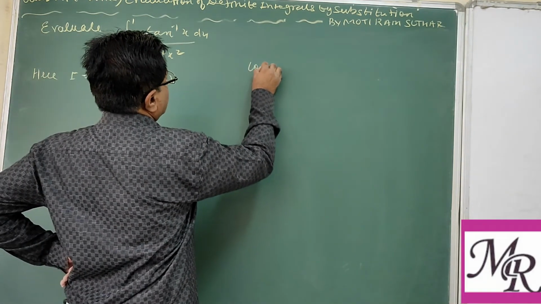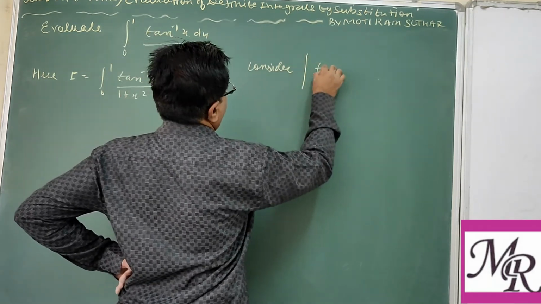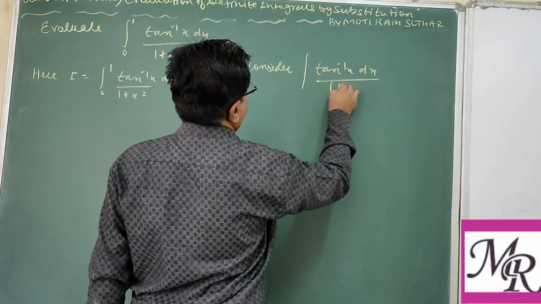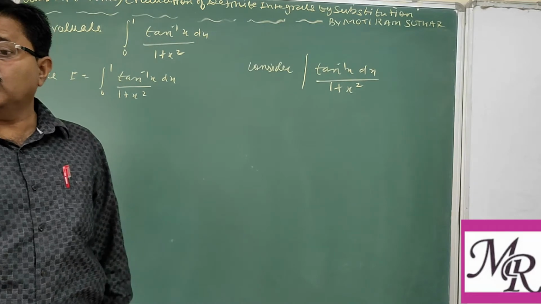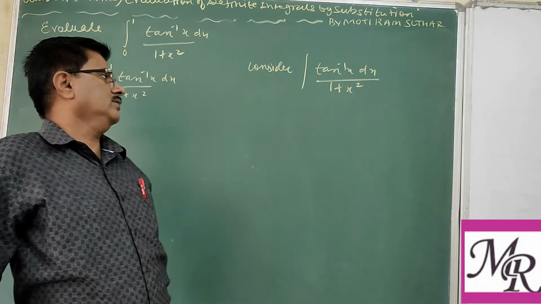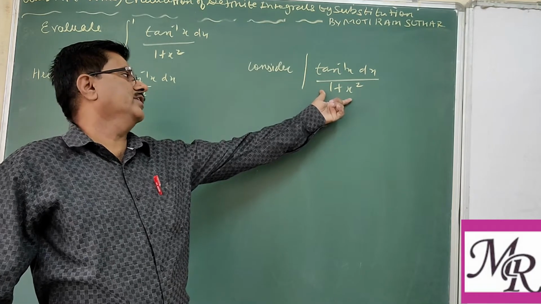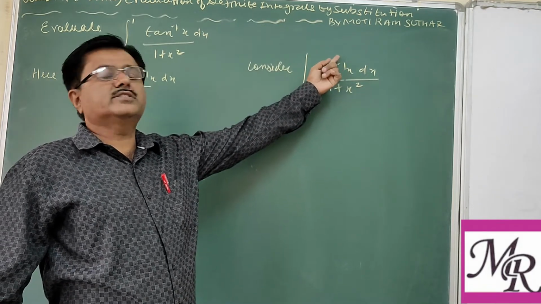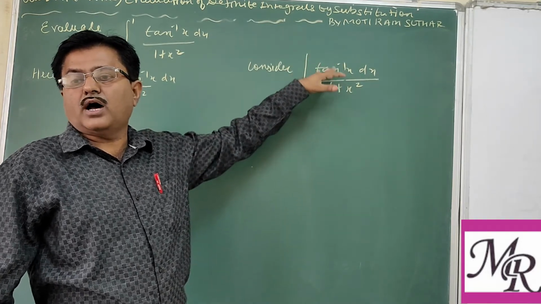So we consider the indefinite integral. The corresponding indefinite integral will be tan inverse x dx upon 1 plus x square. Here we can make a substitution as in the case of the indefinite integral. If we put tan inverse x as t, then its derivative is 1 upon 1 plus x square. So the function and its derivative are both there.